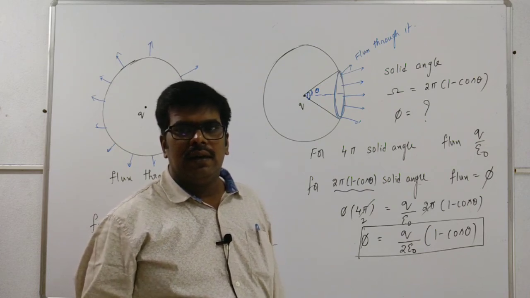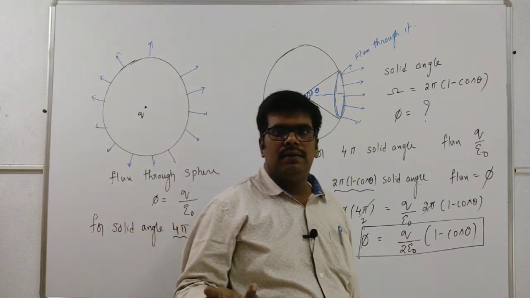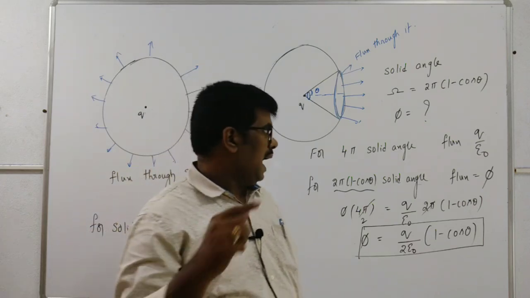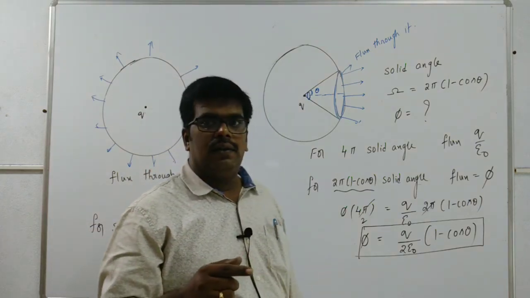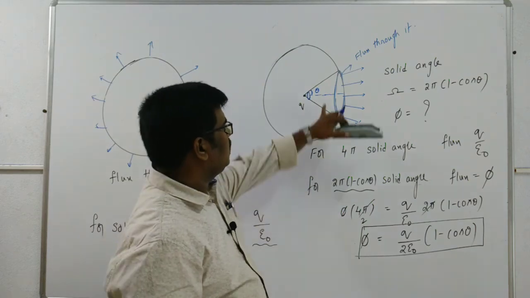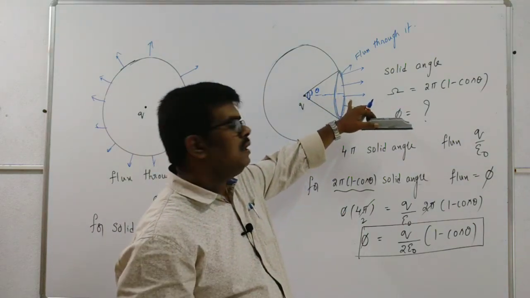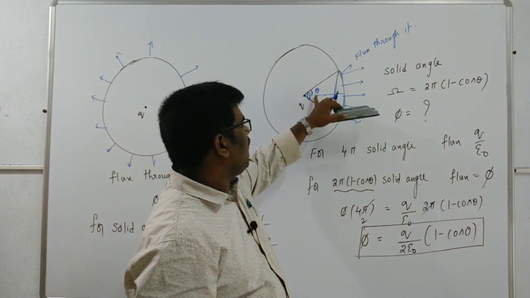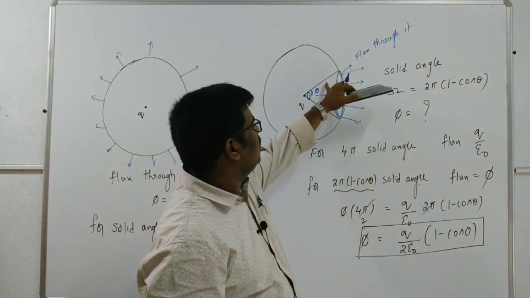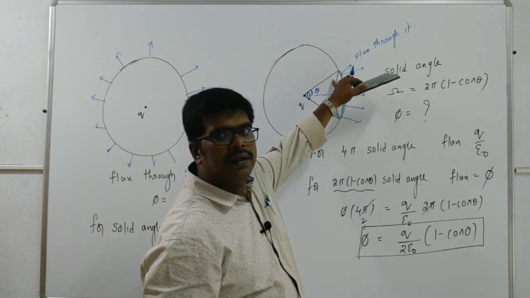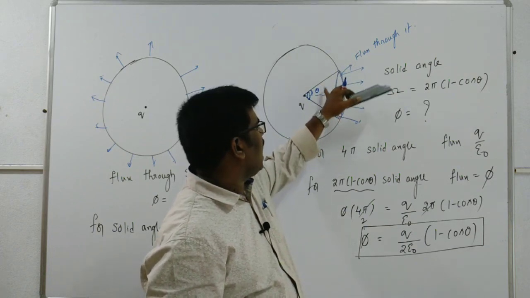Theta is the angle made by the axis of the cone, whatever cone you are assuming in the closed surface, between the axis and the radius.